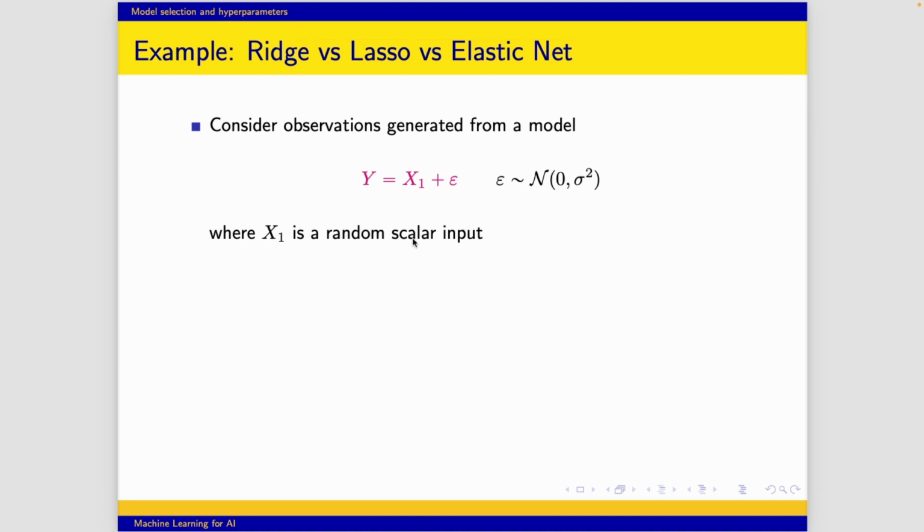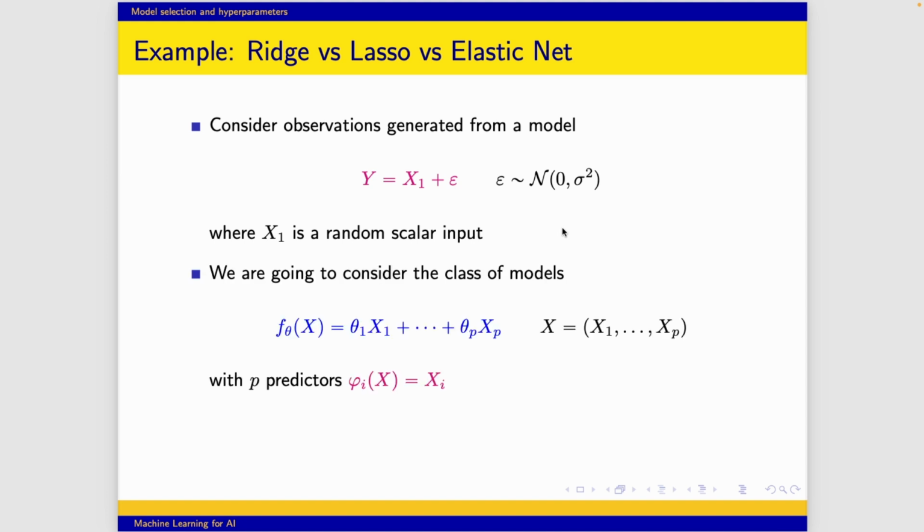Okay, so to reiterate, we're going to generate synthetic data, which is the sum of some random scalar input, x1, let's call it, plus some Gaussian or normal noise with mean 0 and variance sigma squared.